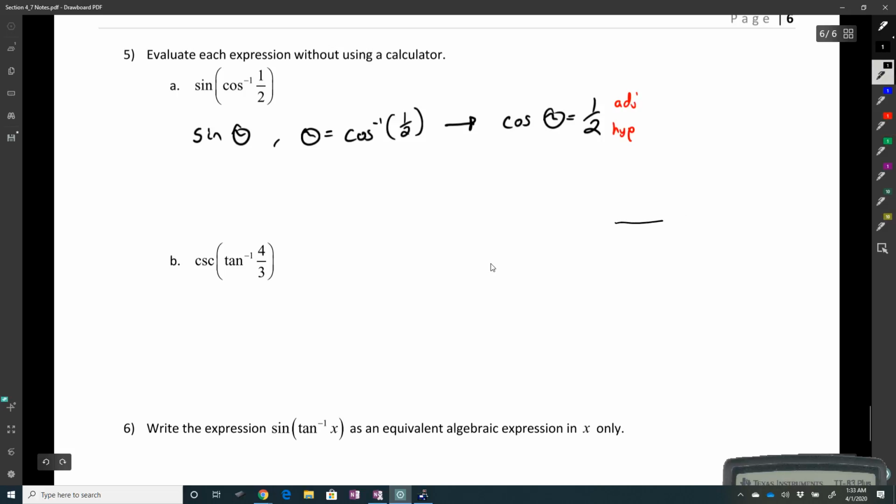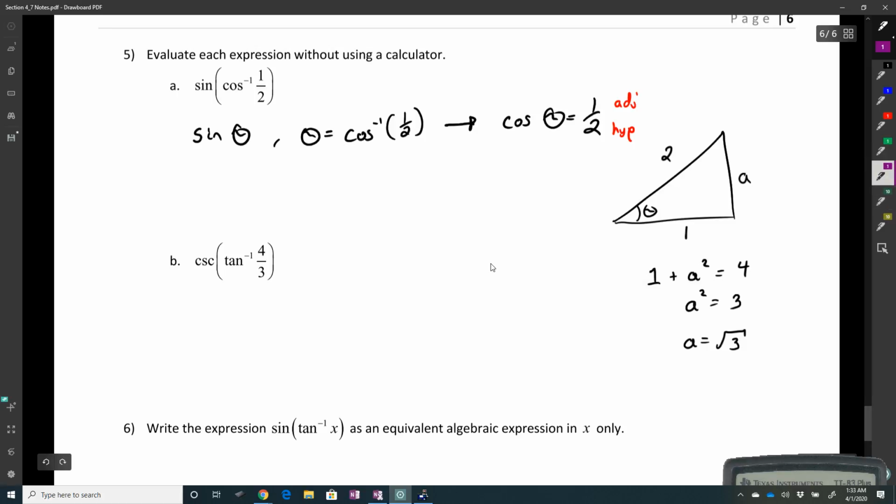So I can create a triangle out of this, where my adjacent side is 1, the hypotenuse is 2, and I can use the Pythagorean theorem to figure out this side, which I'll call A. So 1 squared is 1, plus A squared equals 2 squared, which is 4. Subtract the 1. So A is equal to square root of 3. Since these are lengths, we're dealing with just the positive square root of 3.